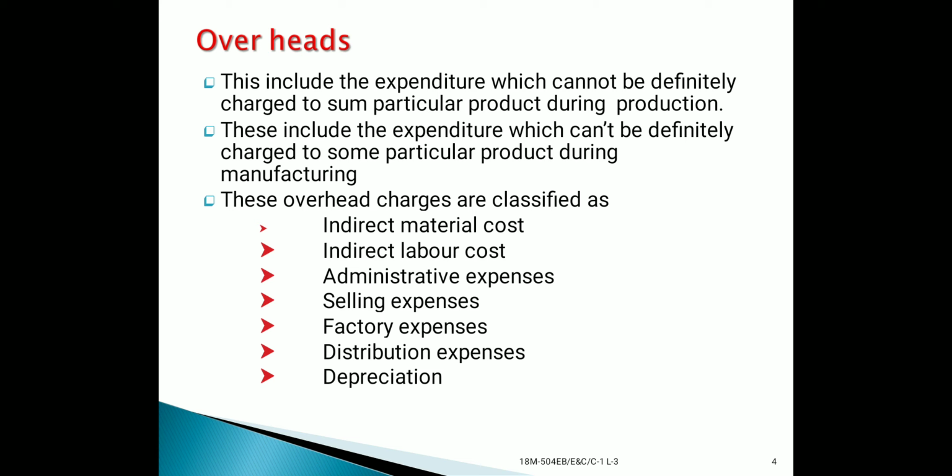For example, we start up a company and manufacture some product. The cost of material is material cost, and there will also be a labor cost. But what is meant by overheads?